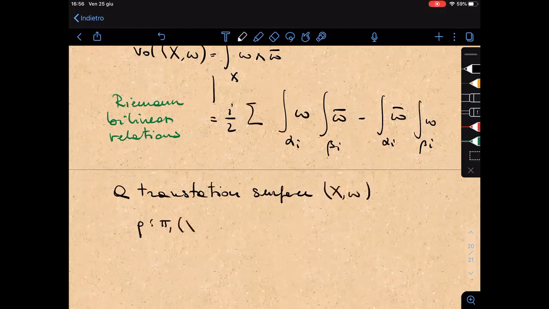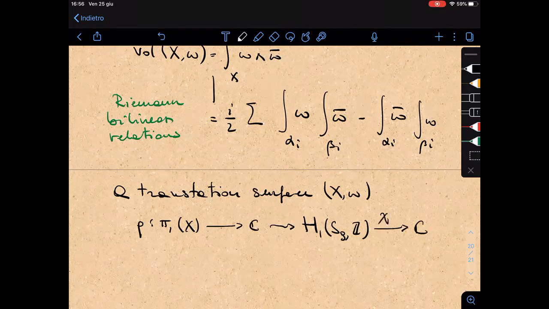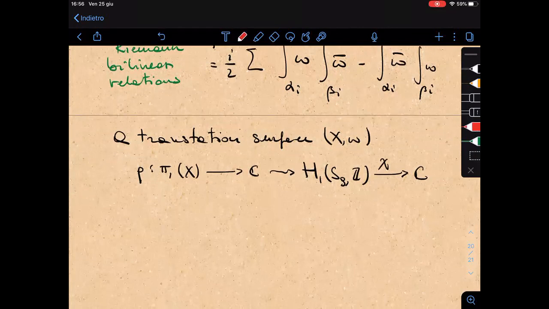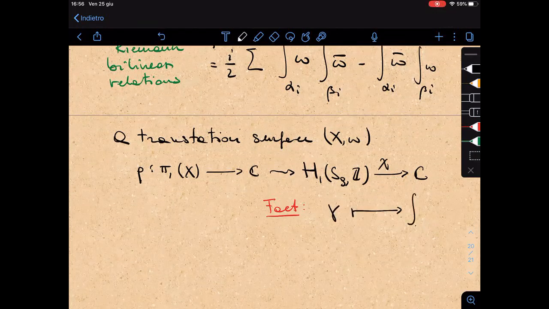But since the target is an abelian group, this boils down to a representation from pi 1, or H1, of S_g, Z into C, which we can call chi, just because I don't want to use the same letters. And how is the representation defined? Every gamma is sent to the integral of omega along gamma. This is a standard fact that you can prove.